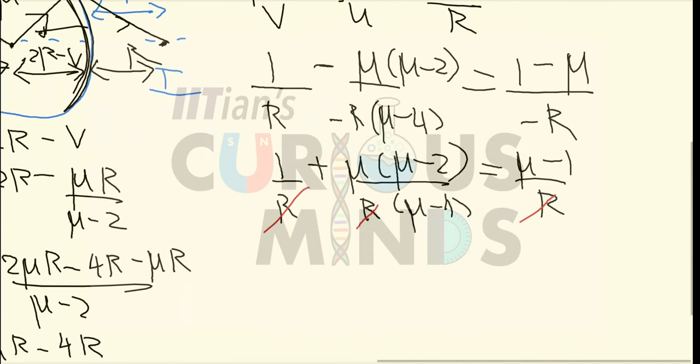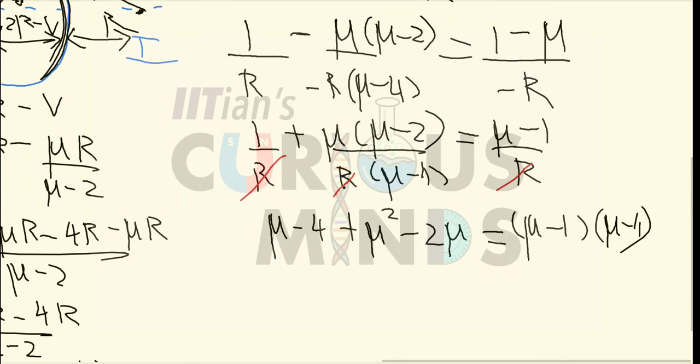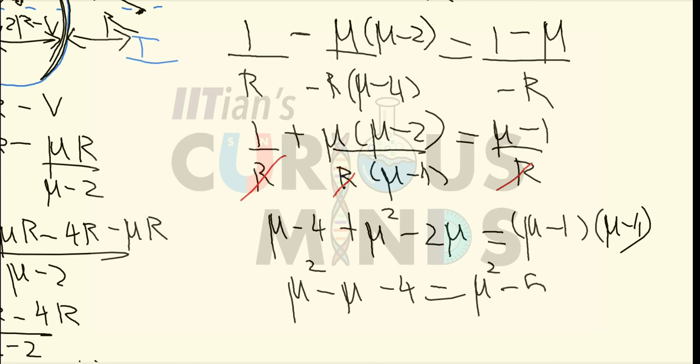When I cross multiply this part, it will be equal to mu minus 4 plus mu square minus 2 mu minus 2 mu, which will be equal to mu minus 1 into mu minus 4. So basically it will be mu square minus mu minus 4. When I open the bracket on the right hand side, it will be mu square minus 5 mu plus 4.